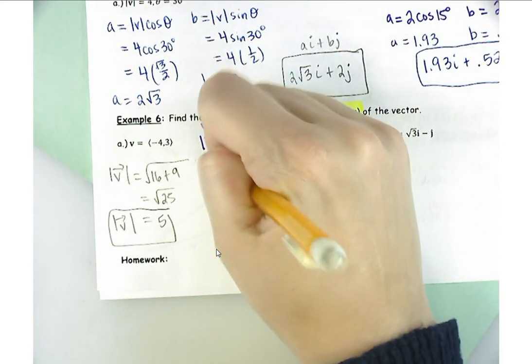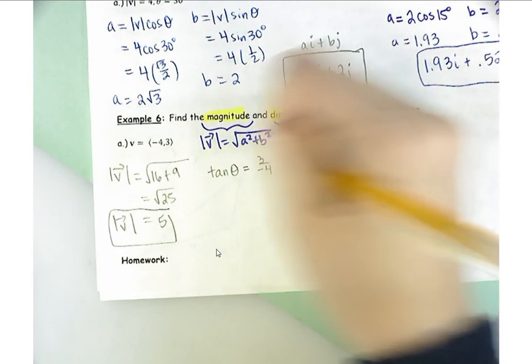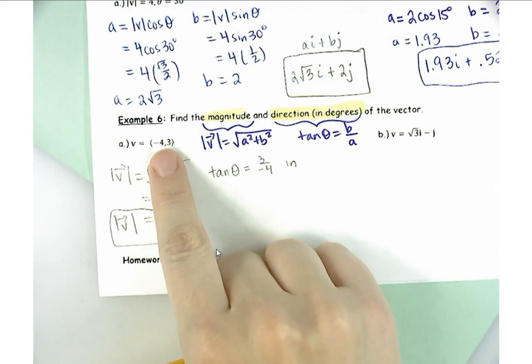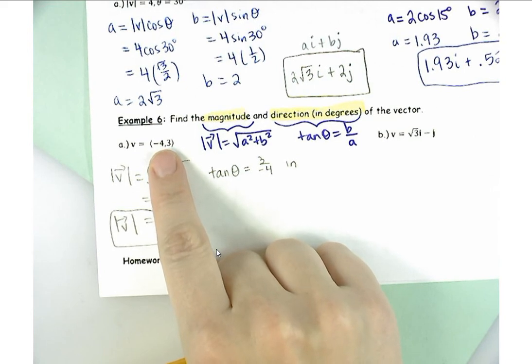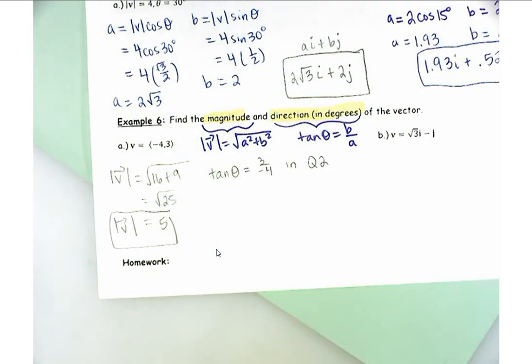So when you're doing the tangent of 3 over negative 4, you want to find that in the same quadrant as where this point would be. Okay, so negative 4, 3 would point in what direction? Second quadrant. Yes, the second quadrant. Even if it was at a different position, it would still point towards your second quadrant.